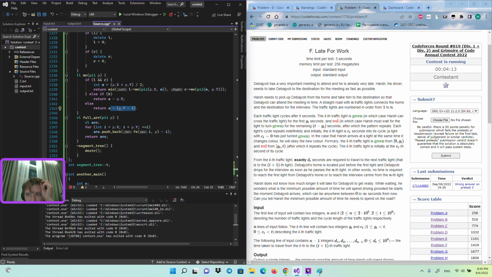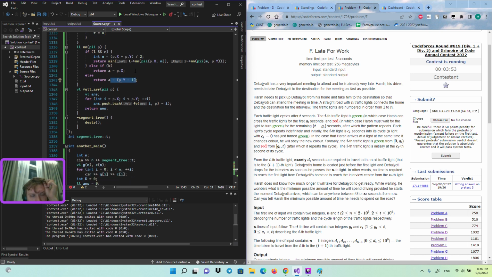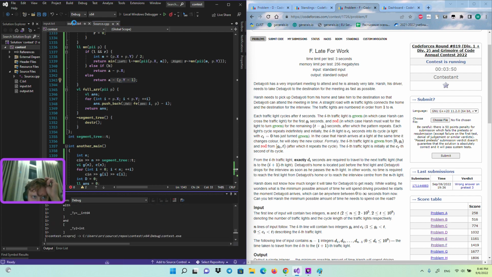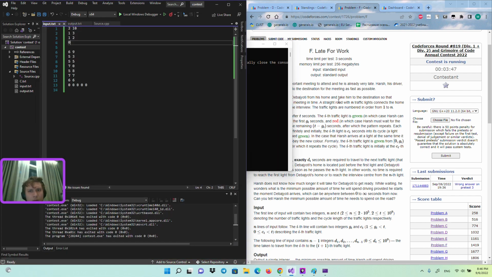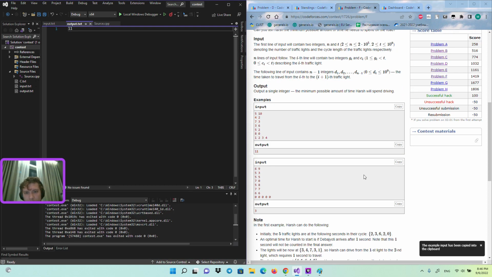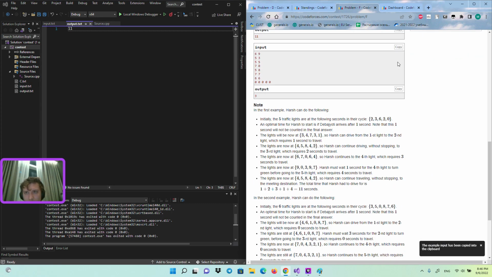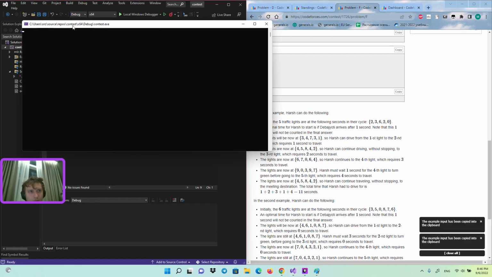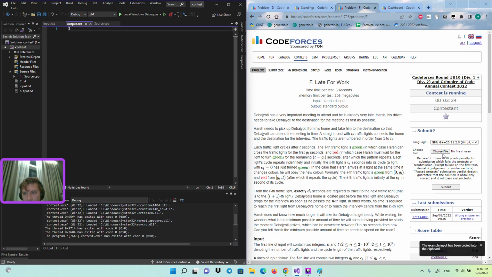And if this is constant, yes, this is correct. This should be correct. 1, why 1? Okay, let's just put this test and test again. 11, and it should be 3. Let's try it.